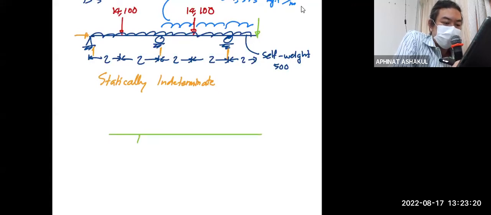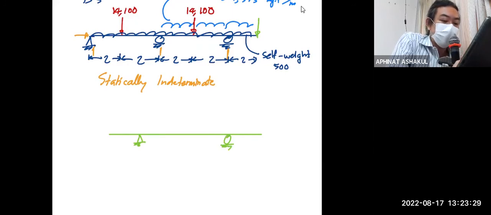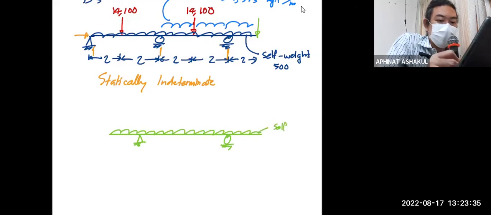And of course it has its own weight, self weight 500.